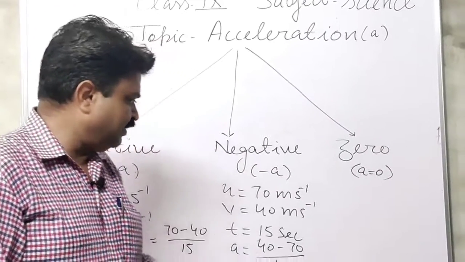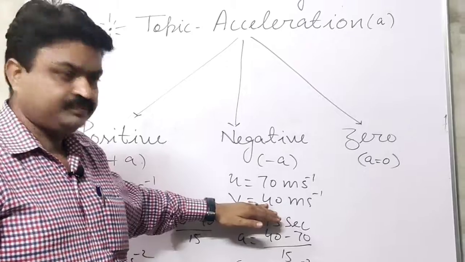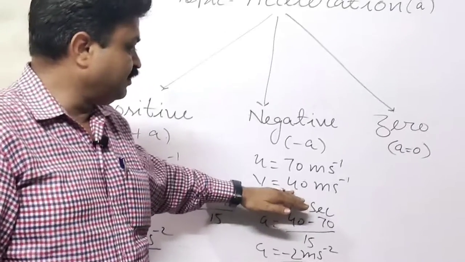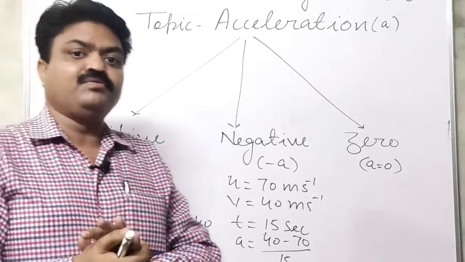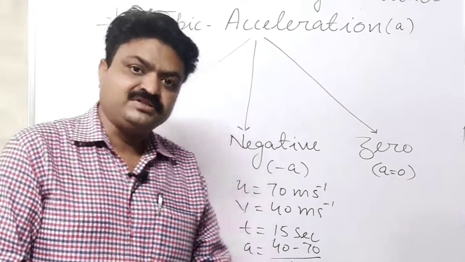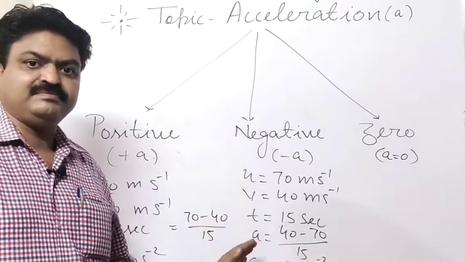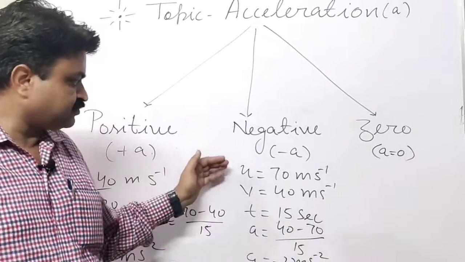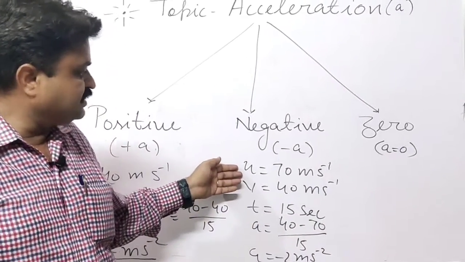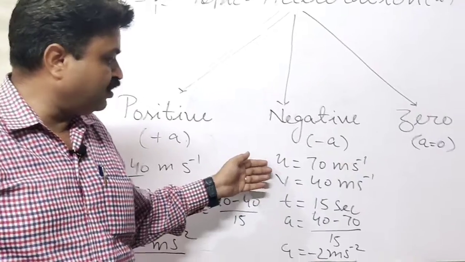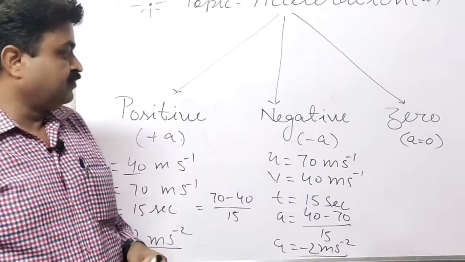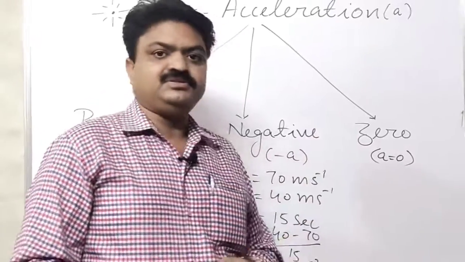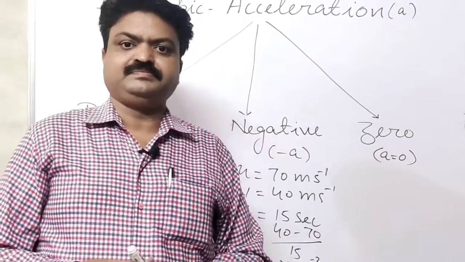Then at that time the final velocity may be 40 km per hour. That condition of the automobile is known as retardation, in which the initial velocity remains more than the final velocity, student.